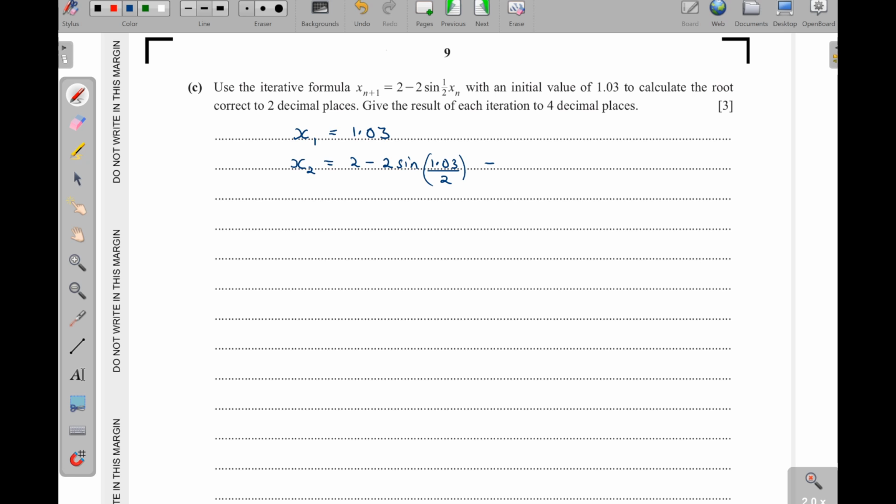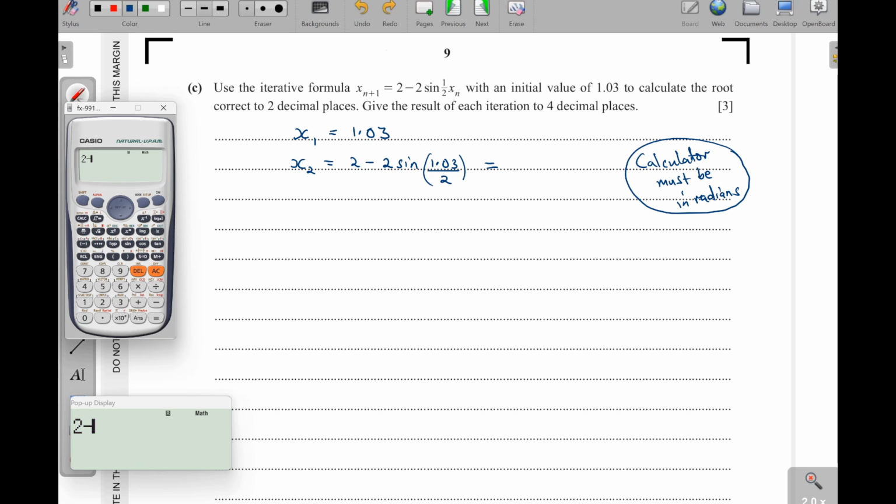Okay, and then what do we get? Remember here, let me repeat this: the calculator must be in radians. Whenever you meet trigonometric functions, put the calculator in radians when it comes to these iterations. 2 minus 2 sine of 1.03 over 2.